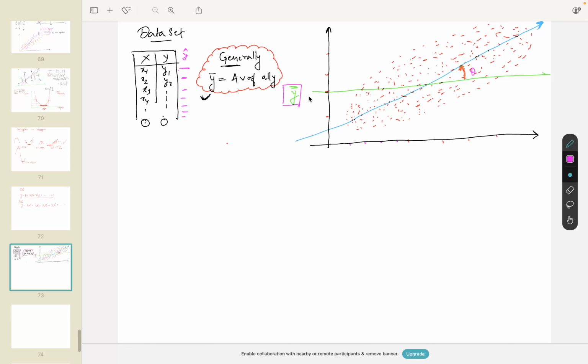Sum of square of total SST, sum of square of error SSE, sum of square of residual SSR. Done, everyone? Very good.